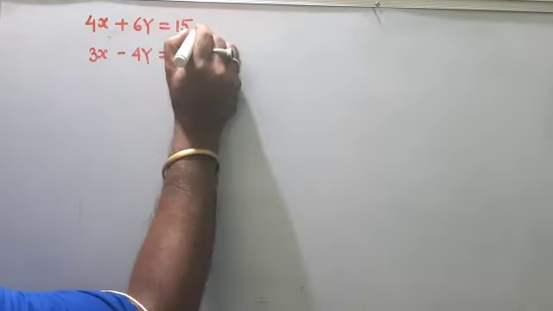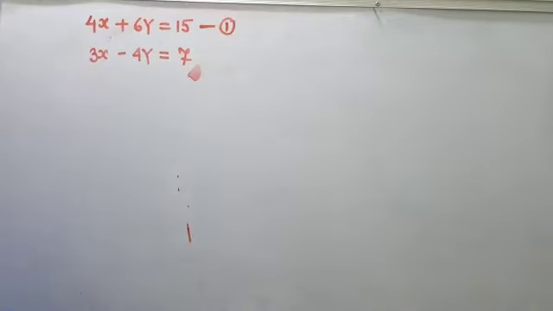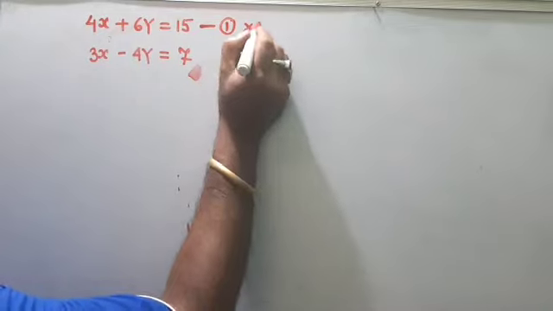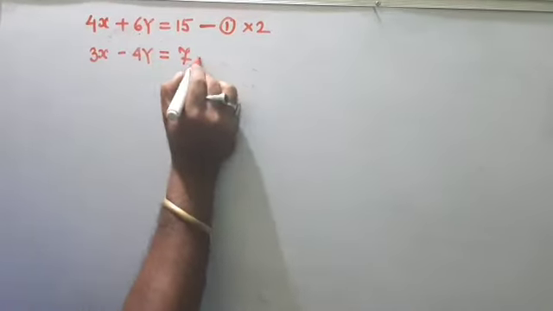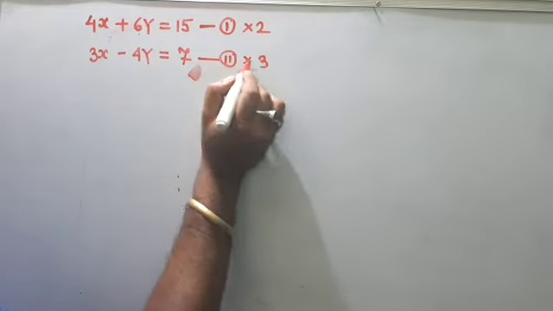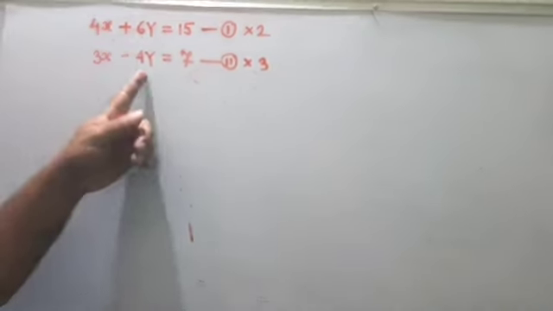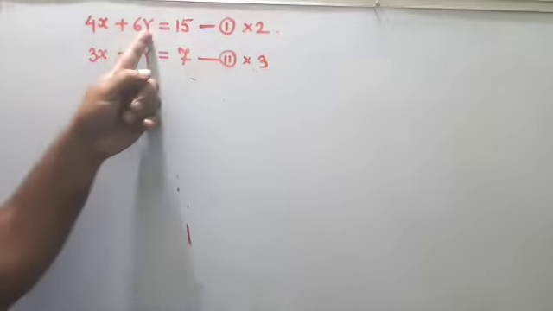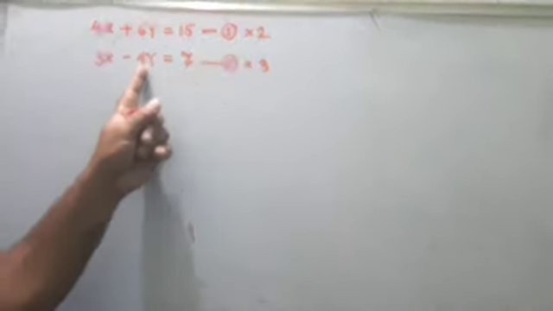we multiply equation number 1 by 2, and we multiply equation number 2 by 3. I eliminate y, that's why I multiply this by 2, so 6 into 2 is 12y, and here 4 into 3 is 12y.